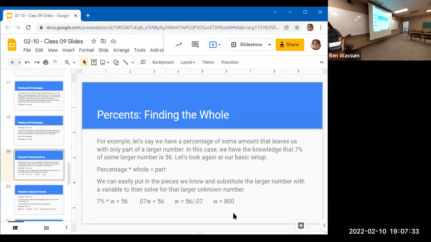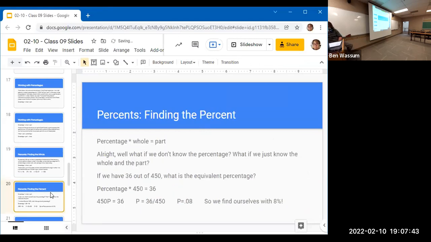Okay, so we've done it two different ways. We've been able to find that part. We've been able to find the whole, but what if we need to find the percentage? What if you don't know the percentage? So if you have, say, 36 out of 450, what's the percentage of that? Well, if you go back to that formula, you have percentage times 450 is equal to 36.